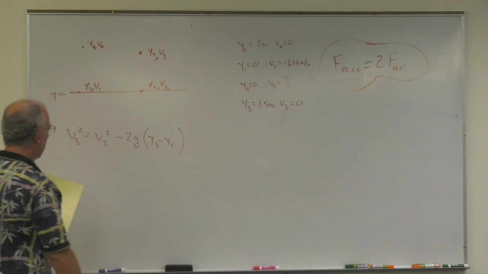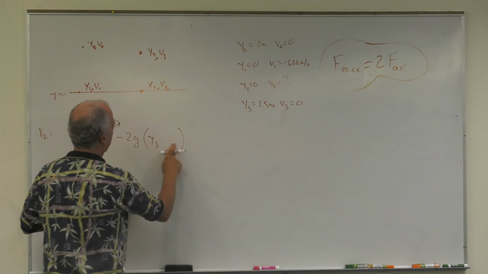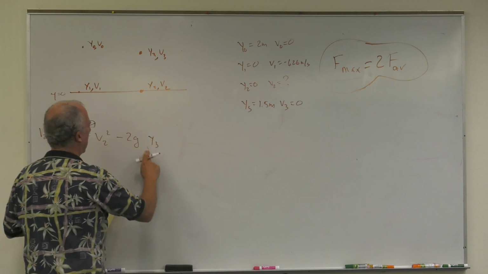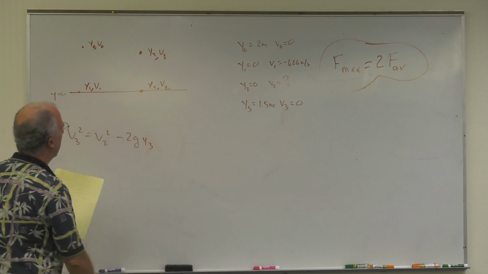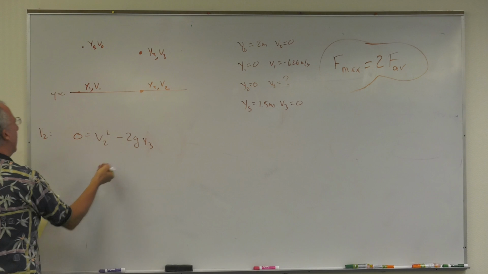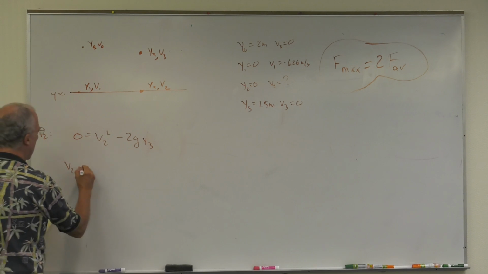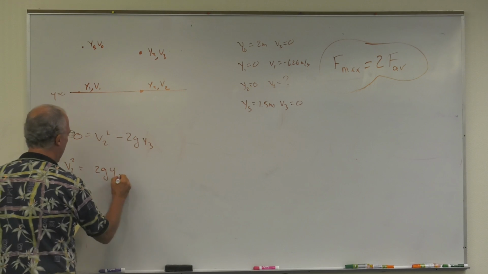Well, what is y2? It's 0, so let's get rid of that. Now, what's v3? It's 0. Get rid of that. So we have v2 squared equals 2g y3.